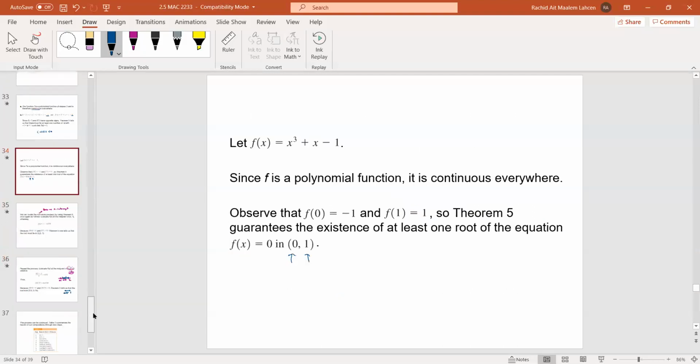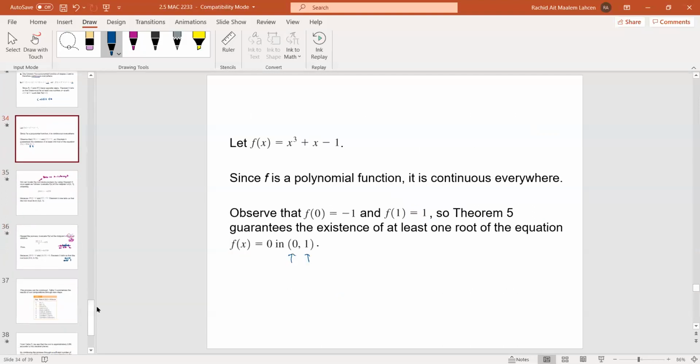So you see here, f of 0 is -1, f of 1 is 1. So you take this -1 and 1, you multiply them, which means two different signs, right? The product has to be less than 0, which means the answer is negative. In that case, you say yes, between 0 and 1, it's crossing.